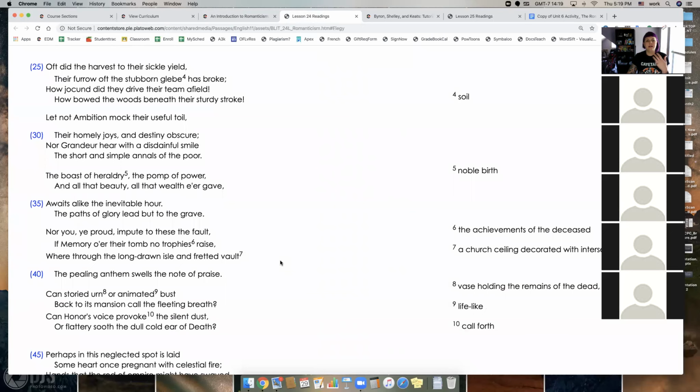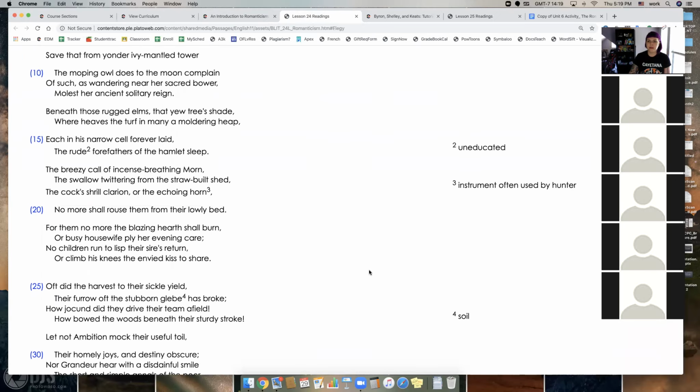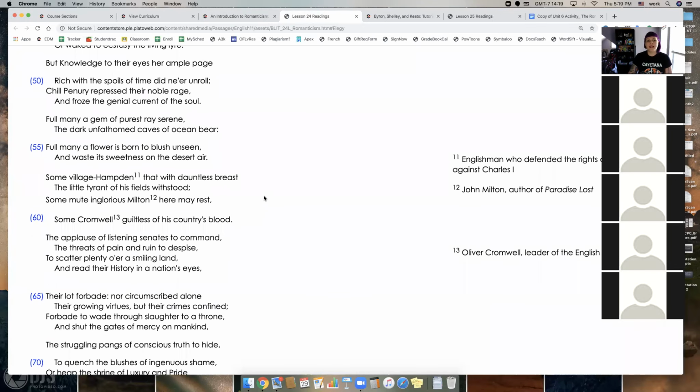And yeah, so another thing that he does is he brings up a couple of famous people. And the reason why he does this also is because there's people like John Milton, he's the author of this really long poem called Paradise Lost. I don't think it comes up in English 12, but I actually think it may have come up in English 10 if you did English 10 with us.